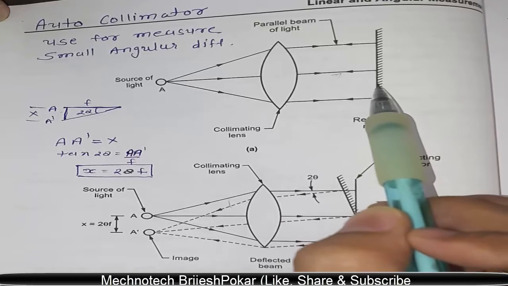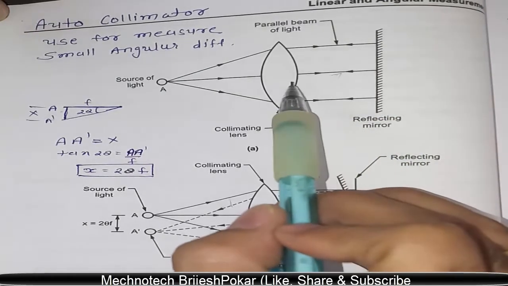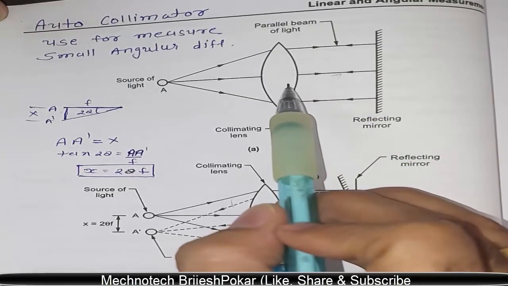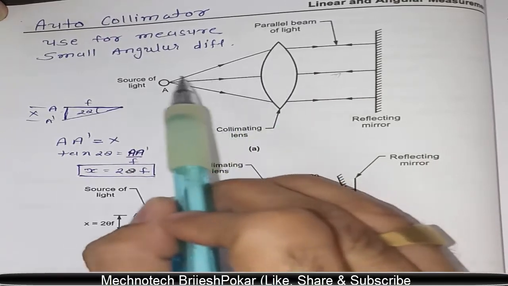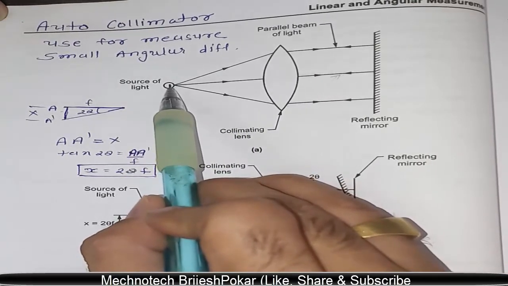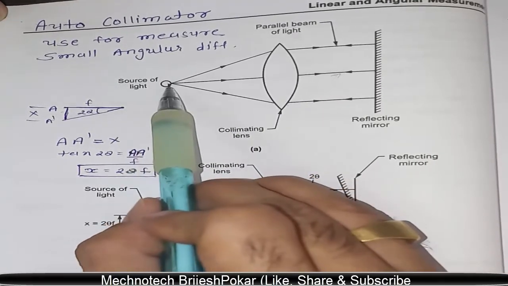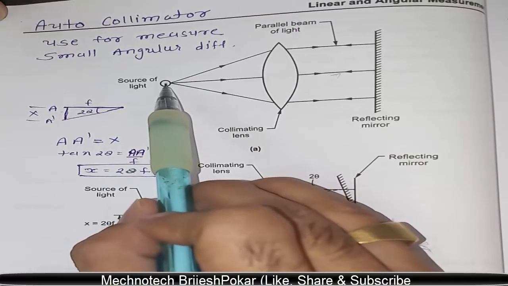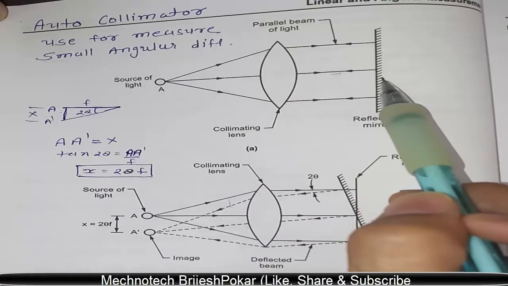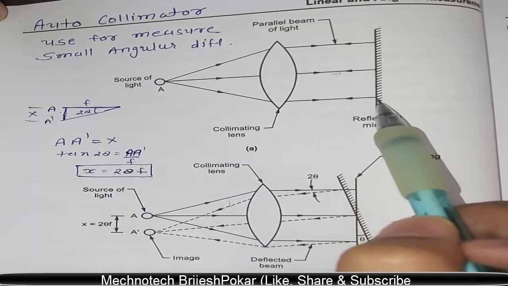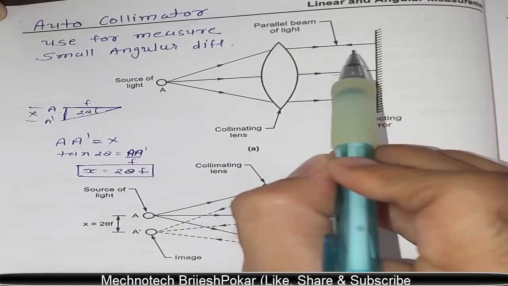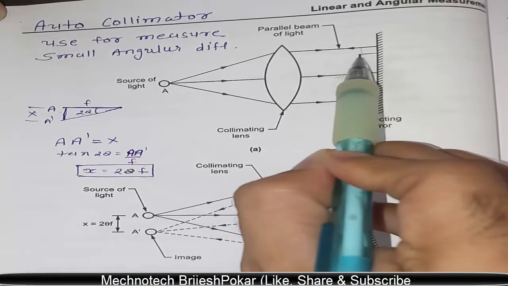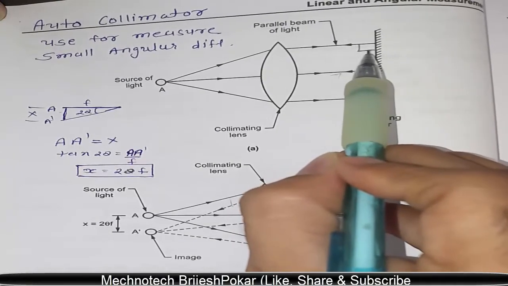The rays are reflected back, impinge again on the collimating lens, and come back to the original point, the source of light. This is the initial position, at which the reflecting mirror is exactly perpendicular to the parallel beam of light. You can see here this is perpendicular, 90 degrees.